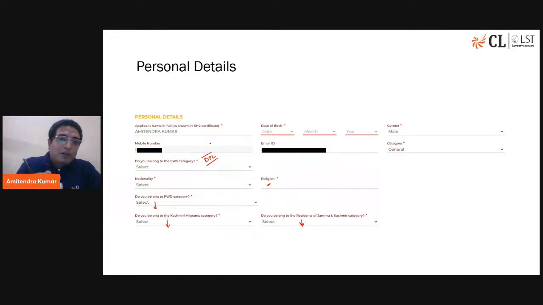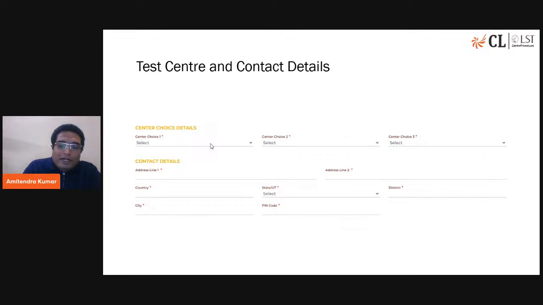Accordingly, if you belong to that category, अगर आपके पास certificate है, तो आप yes select करेंगे. If you do not belong to the category, definitely आप no select करेंगे. But if you select yes over here, claiming that BPL category, you will also be required to upload this certificate. At the end, you will be required to upload this certificate. So far, not so difficult actually. That was about your personal details.